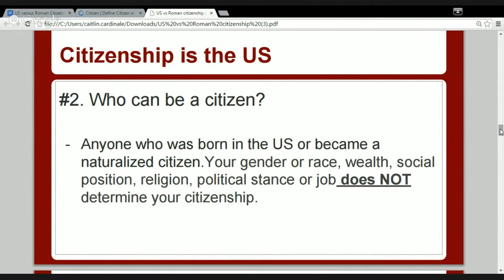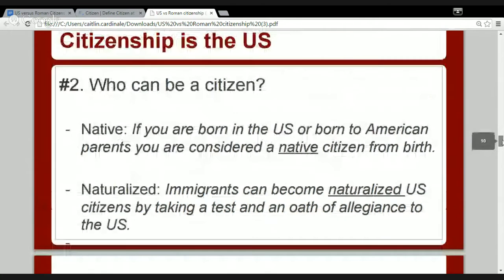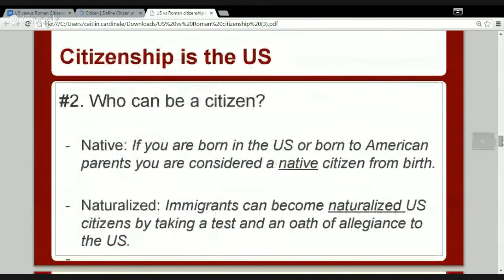Now, the 2 different types we've mentioned here are those born in the United States and those who are not born in the United States. And these are called native versus naturalized citizens. So if you were born in the US or you were born to American parents, even if they were traveling when you were born, you're considered a native citizen from birth.